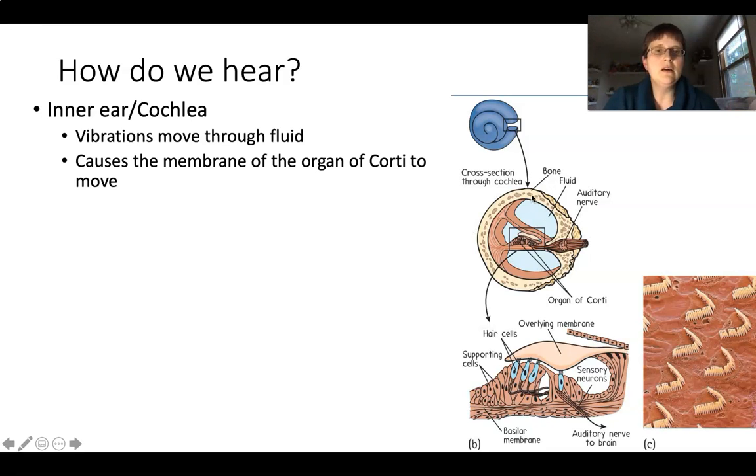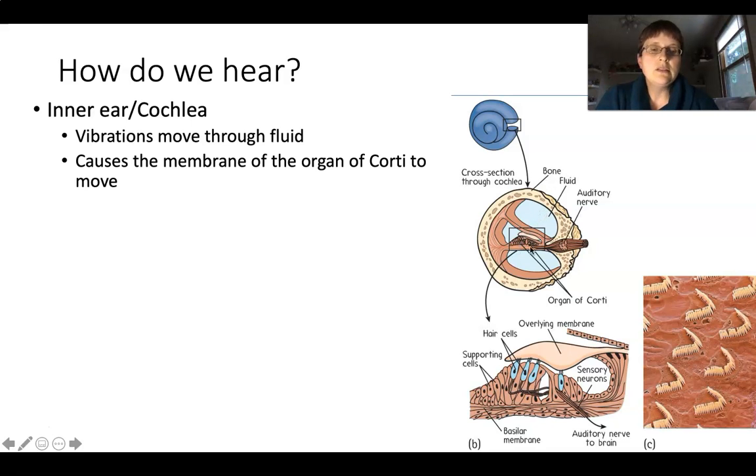If you look here, this is the cross section of the cochlea, right? And the outside of the cochlea is actually bone. So it's not soft and squishy. A lot of times in a picture it might look soft and squishy, but it is a bone structure just like the hammer, anvil, and stirrup. So the vibration is going to get transferred there, but the main vibrations are going to go into this fluid section in the center.